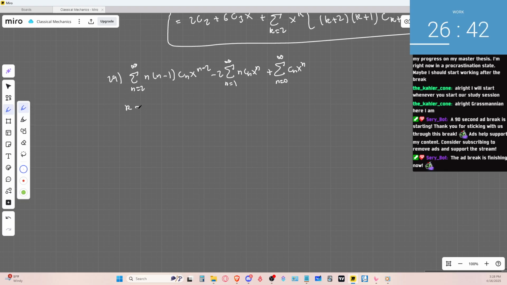So k is equal to n minus 2. Therefore, n is equal to k plus 2. K is equal to n. Therefore, n is equal to k. This one is practically the same thing, so it's like n equals k. Okay. So k plus 2 is 2.